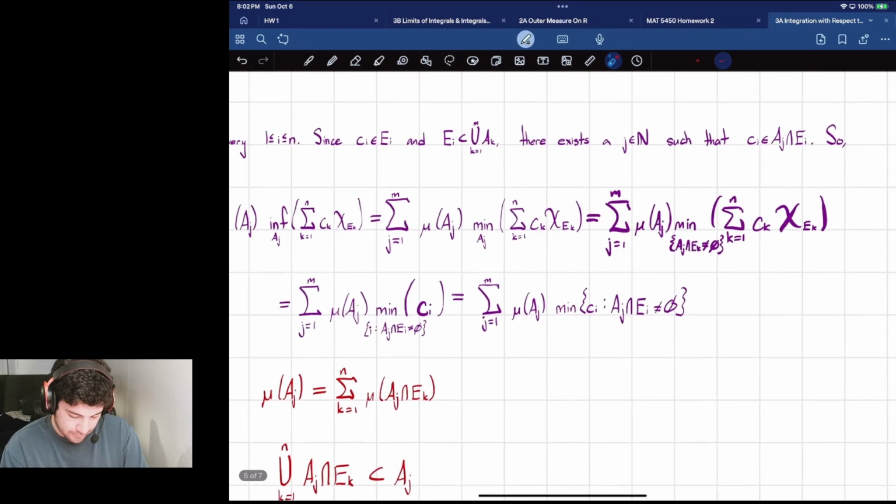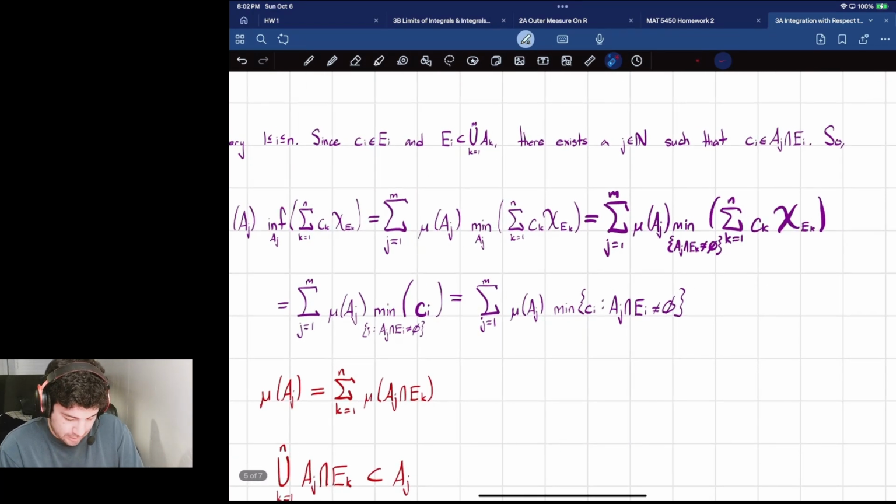So we specifically say that we want the AJs that intersect E sub k's such that they're not empty sets, and that isolates which C sub k's we are specifically looking at.